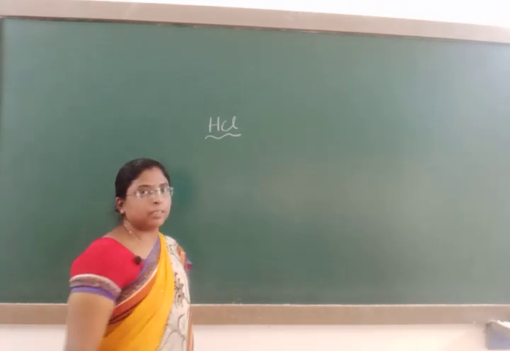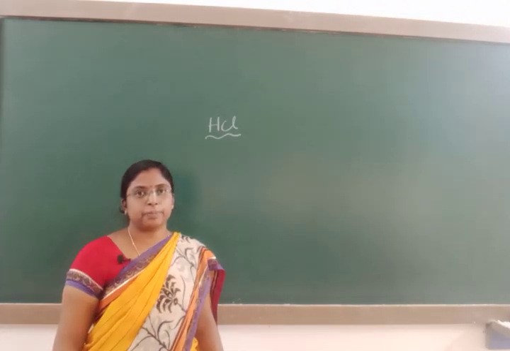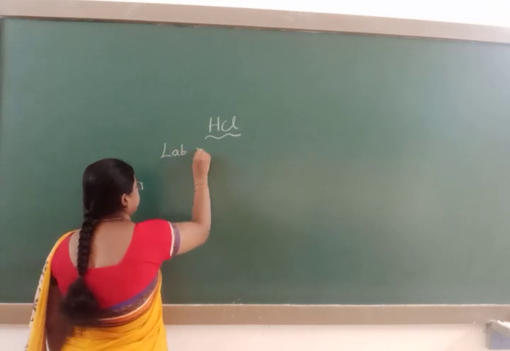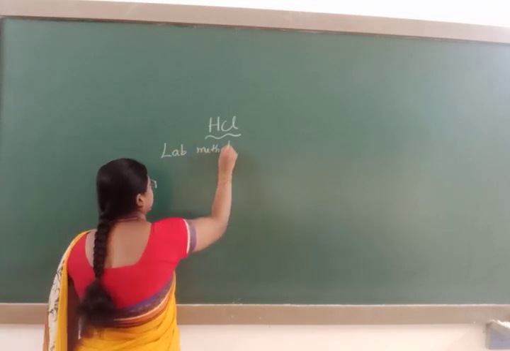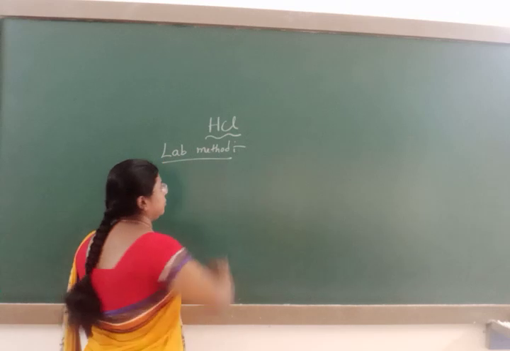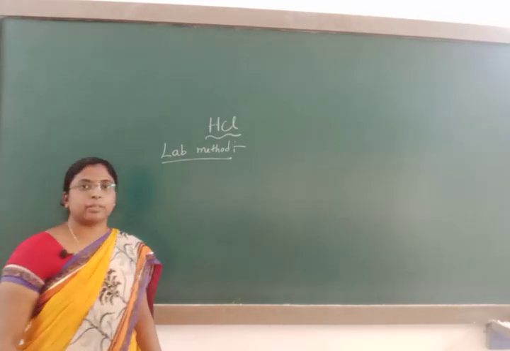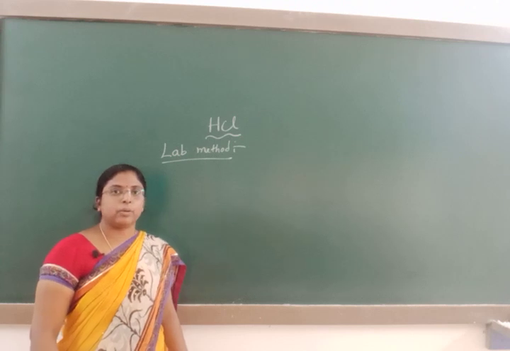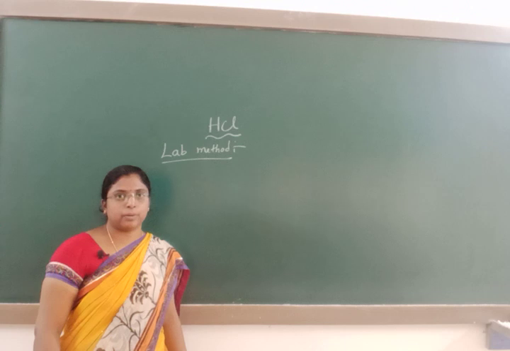First let us study regarding its laboratory methods of preparation. First is its laboratory method. We can prepare hydrochloric acid by using sodium chloride. When sodium chloride reacts with sulfuric acid, we get hydrochloric acid.